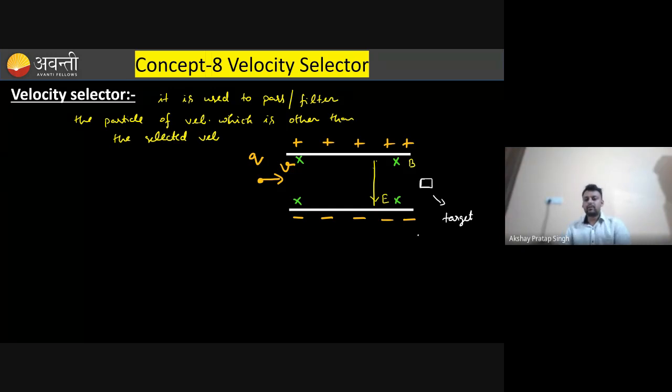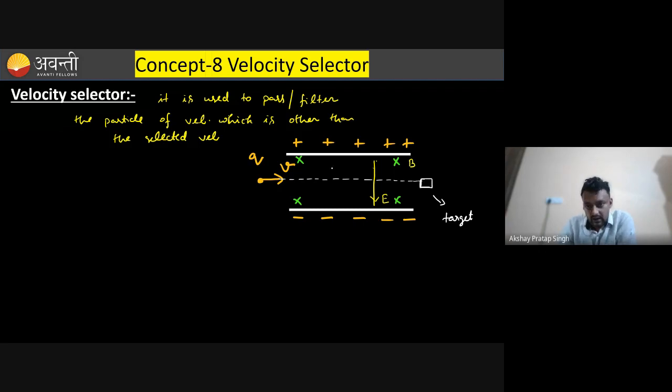Now, listen to me. This charged particle will hit the target only if it is going in a straight line. So this is the path that it should follow, because if it deviates from its straight line path, then it will not strike the target. So this is the condition.